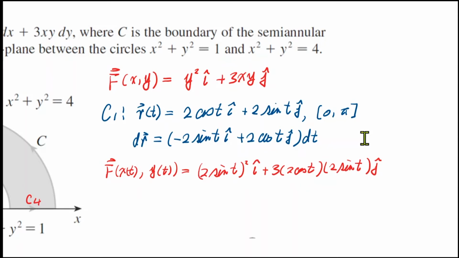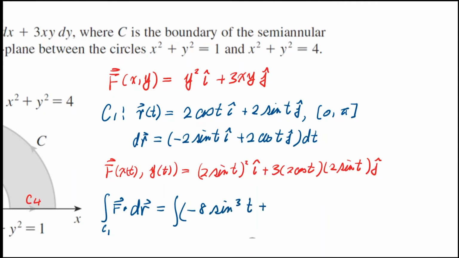Okay, so back to the integral over C1 of f dot dr. Now it will look like this, let's dot it. This thing dotted with that thing. So this is 4 already, dotted with that. So we'll have negative 8 sine cubed t.